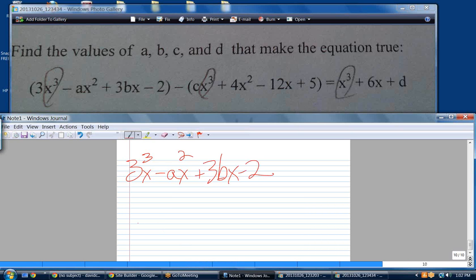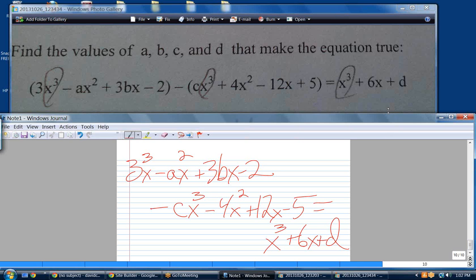And now, what do I have after that? Minus cx cubed minus 4x squared plus 12x minus 5. And all of that is equal to x cubed plus 6x plus d.